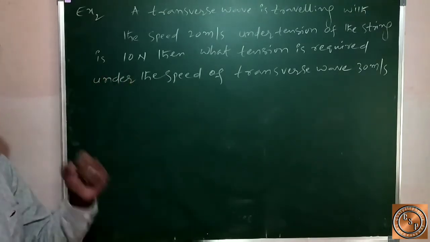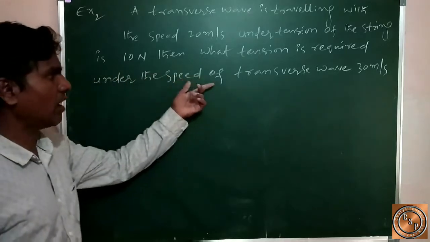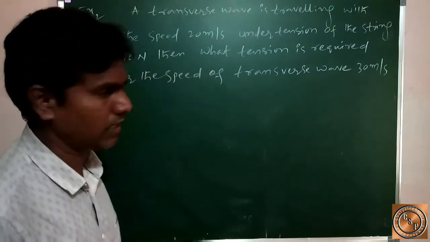Then what tension is required under the speed of transverse wave 30 meter per second? A transverse wave is traveling with the speed 20 meter per second under tension of the string 10 newtons. Then what tension is required under the speed of transverse wave 30 meter per second?